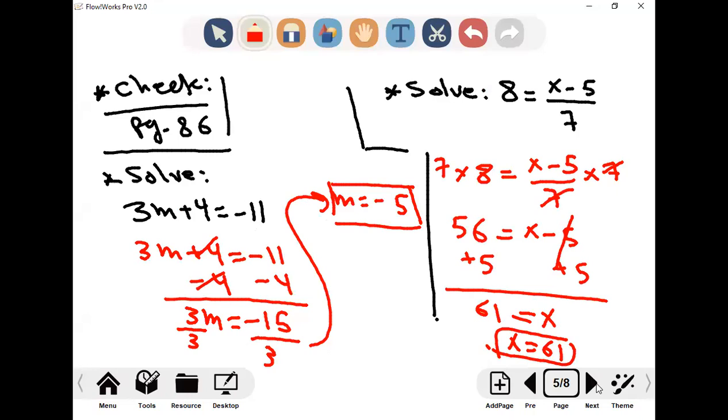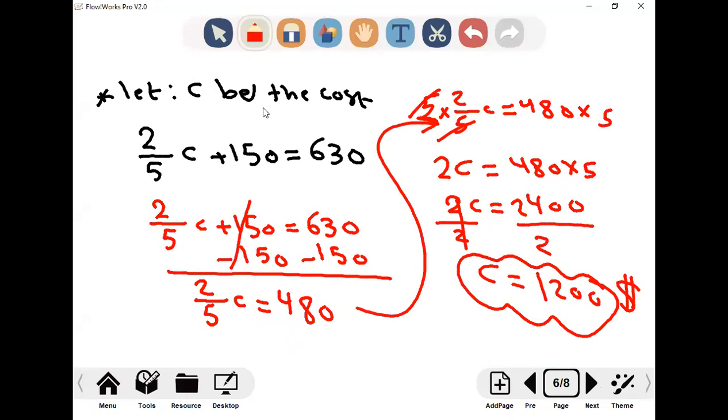This is from me. This is the check. Here, let's see the cost, right? Speak. I think I already said it.